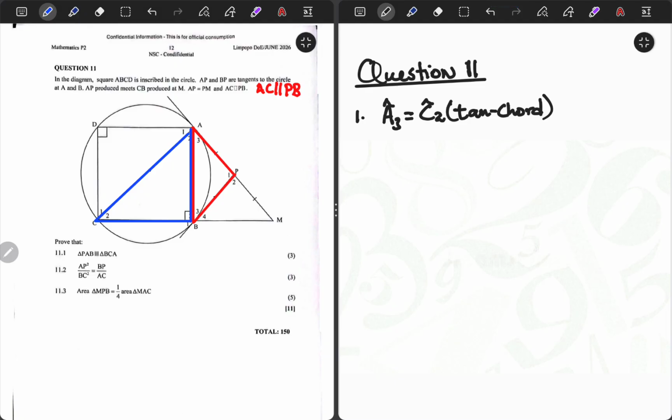We have B3, which is equal to A2, alternate angles, with the lines which are parallel, AC parallel to PB.